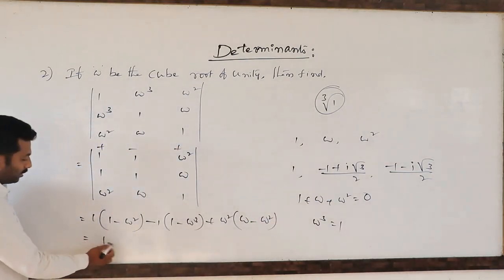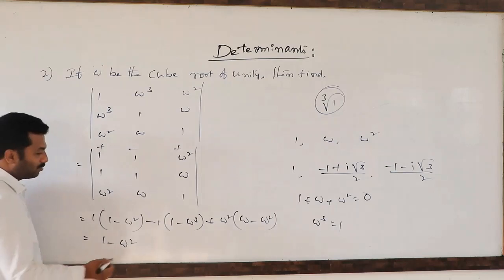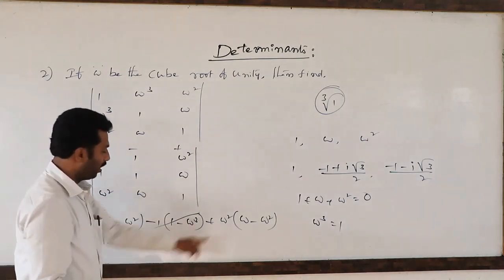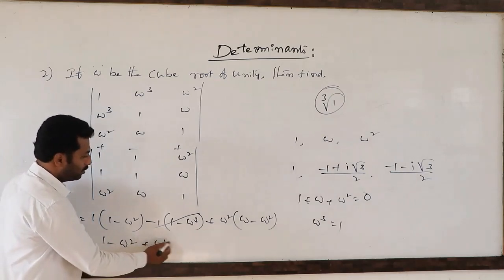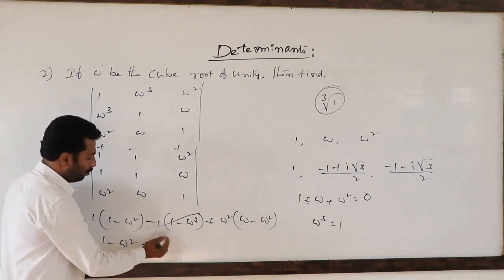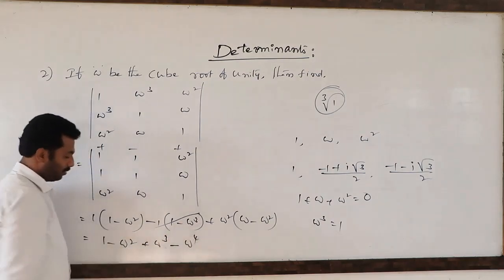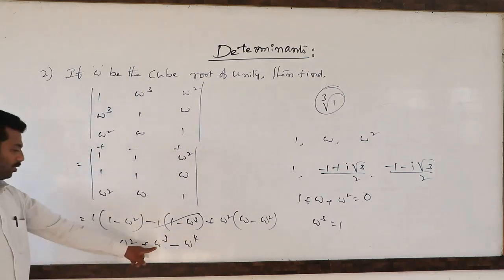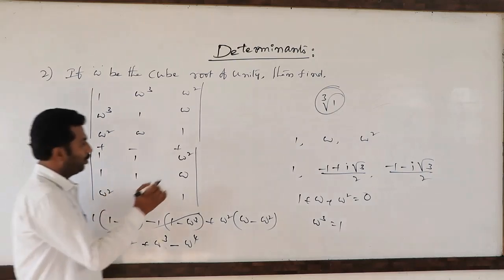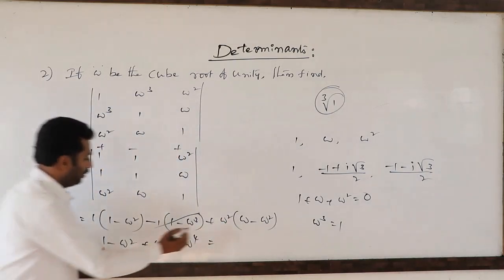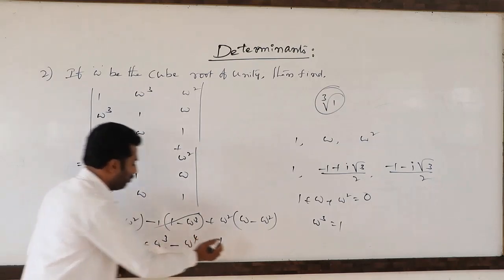This is 1 minus omega square; this is 1 minus 1, which is 0; plus omega cube minus omega power 4. Omega cube means 1, so 1 minus omega square.